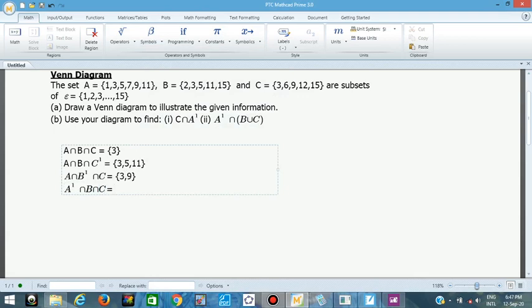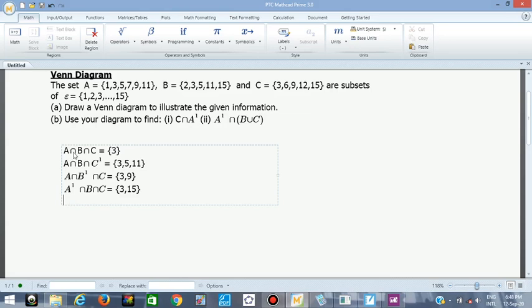That will be equals to, let's see. So those elements in B and C, but we don't have them in A. In B, we have 2 is not in C, 3 is also present, then 5 is not, 11 is not, 15 is in B and C, which is 15. So that is all.